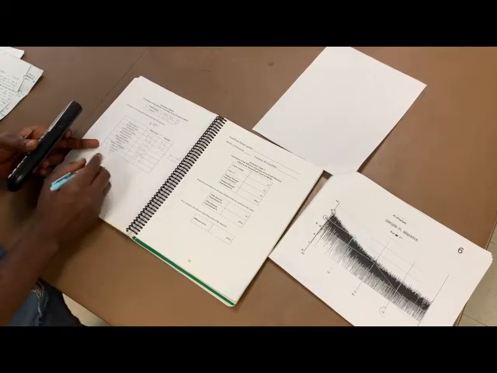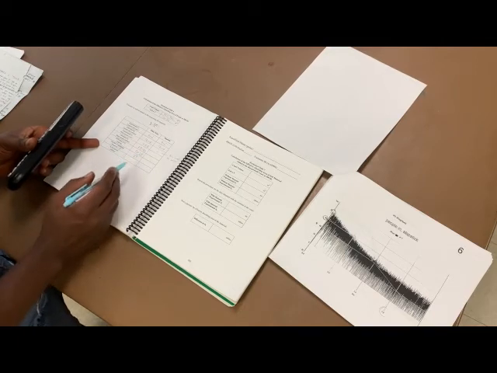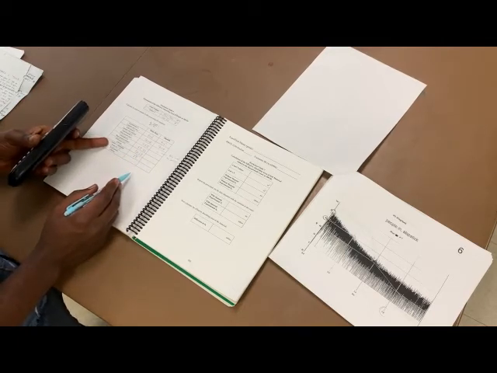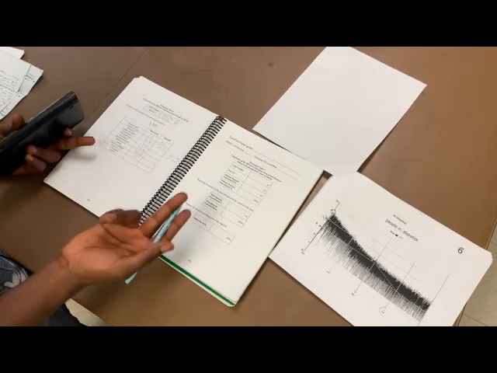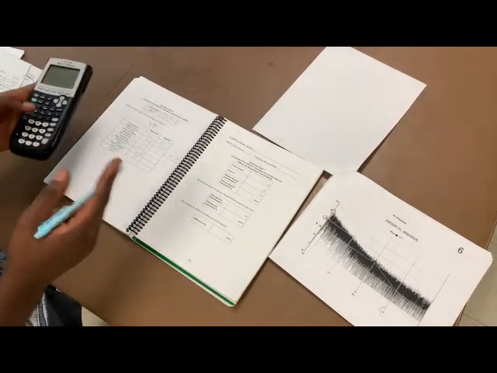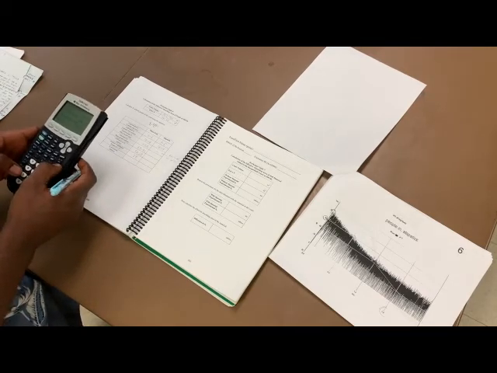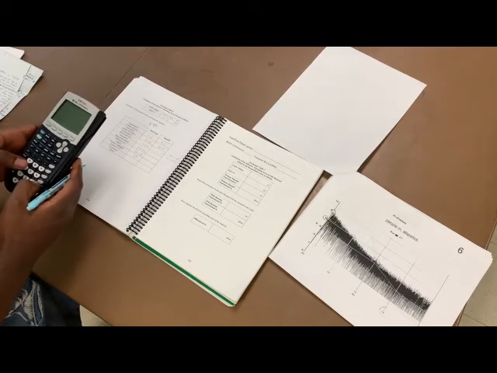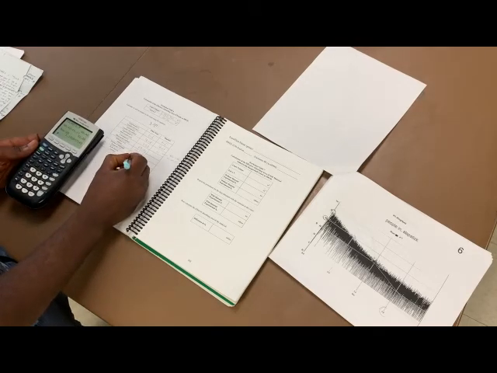So the next one is going to be SC per person. The SC for 28 people is 32.28. So what's going to be the SC for one person? It is simply going to be 32.28 divided by 28, and that will give us 1.15.